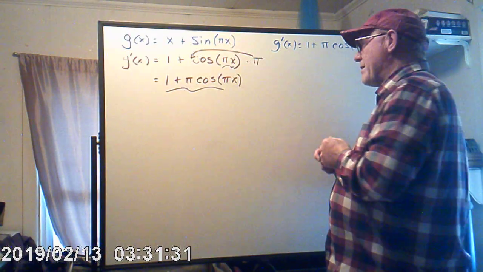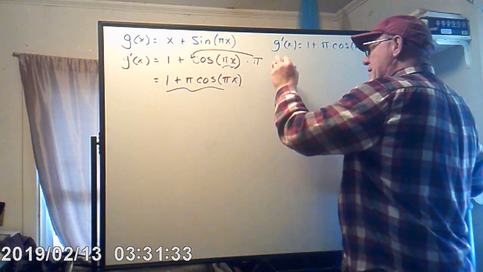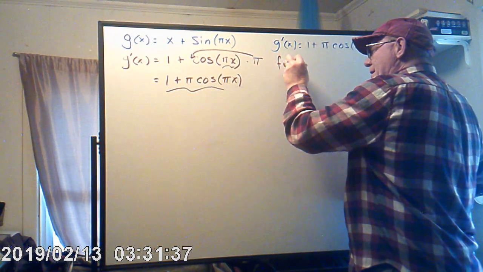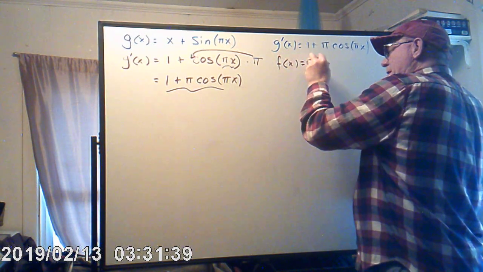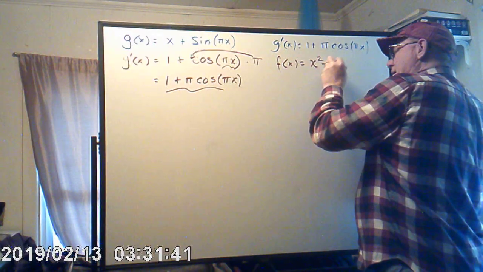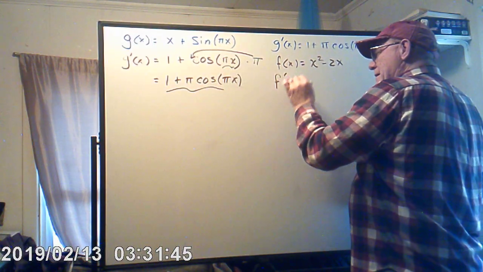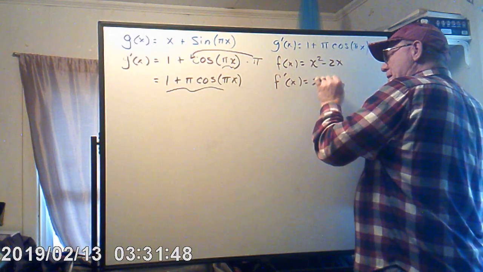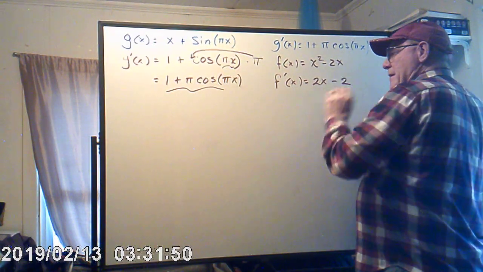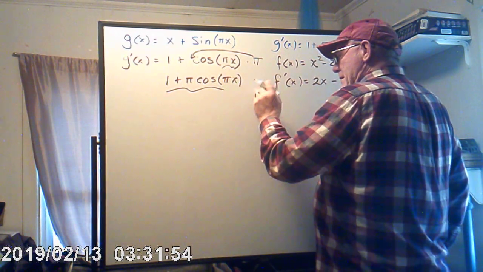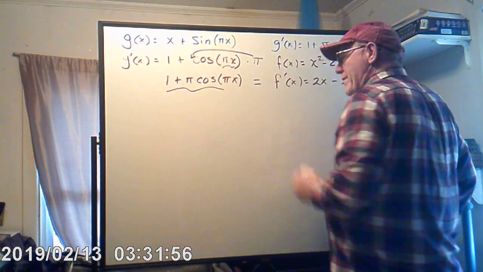Now remember, the other one was f at x. We said f at x is equal to x squared minus 2x, so f prime at x was equal to 2x minus 2. What we're going to do, ladies and gentlemen, is set them equal to each other.